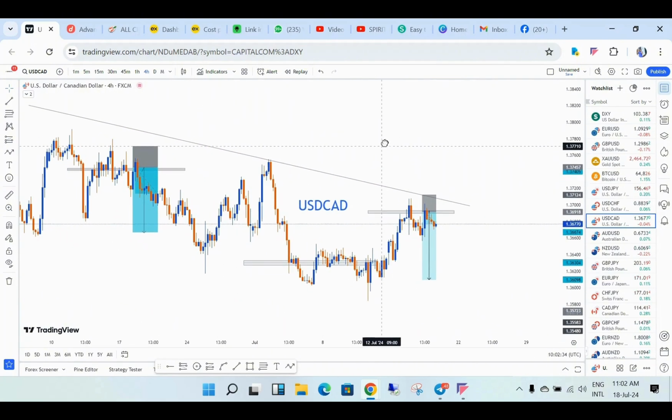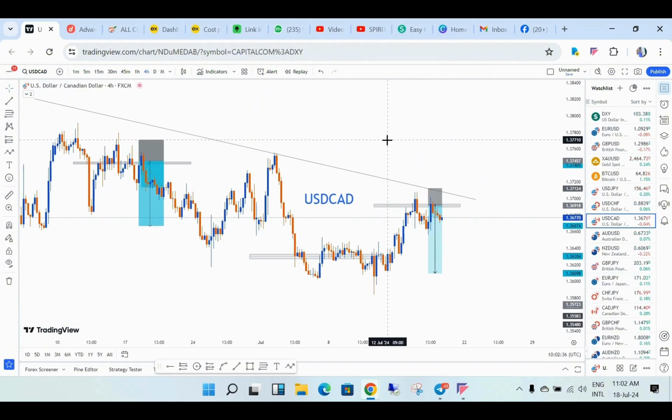All right. So once you have first of all detected the trend of the market, number one, write it down. Trend. Okay. Once you've detected that the trend of the market is a downtrend, the next thing you want to look out for is your demand and supply zones.